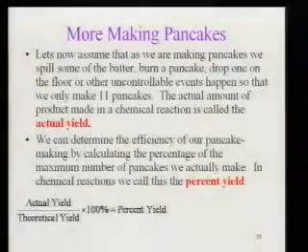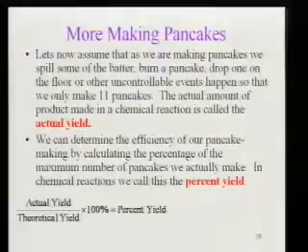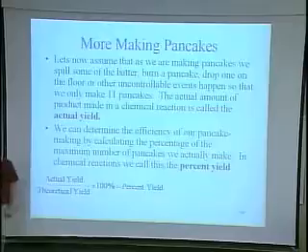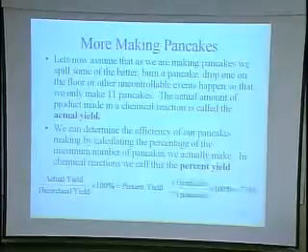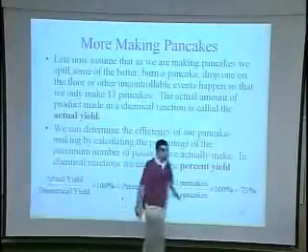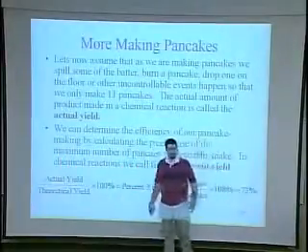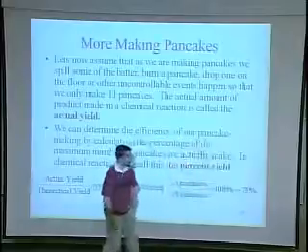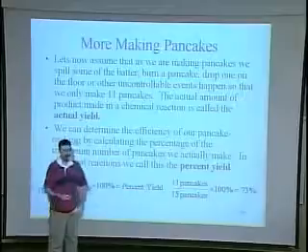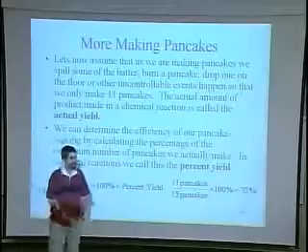You take the actual yield that you got, divide it by what you were supposed to get, turn it into a percent, and you've got your percent yield. All right. So if you had 11 pancakes by the time you were done, you're supposed to get 15, your percent yield is 73%. Dealing with pancakes, that's not too hot. Not too good. Dealing with chemistry, 73% might not be too bad. Just depends.